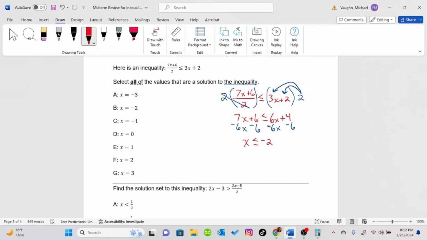So, all values that are negative 2 or smaller would be solutions to this inequality.